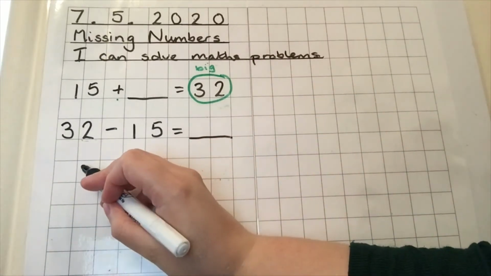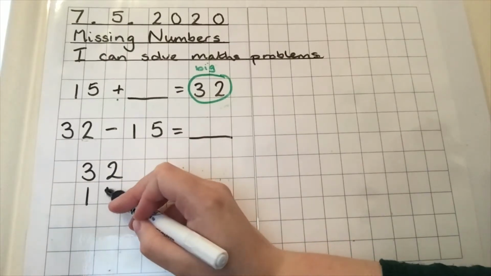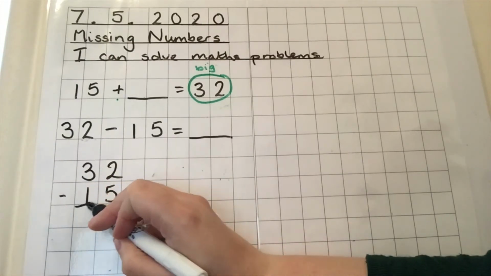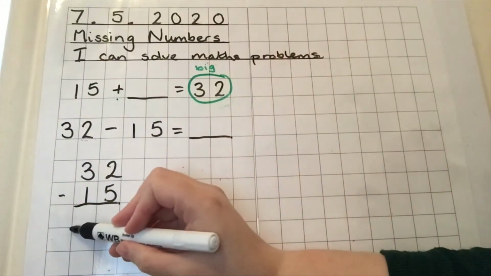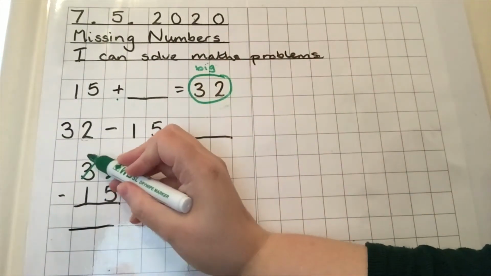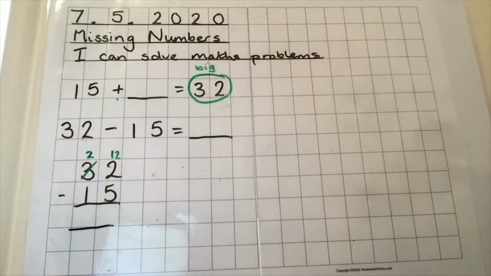And then I can work it out as a chimney sum. In this case, I have to carry.